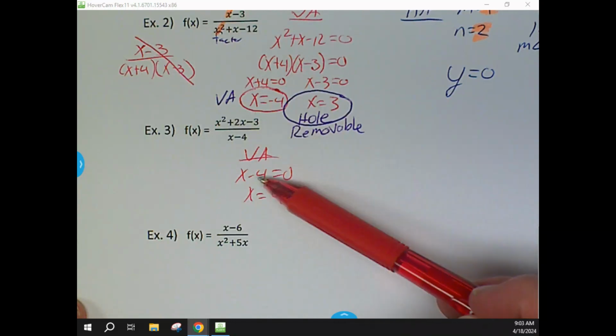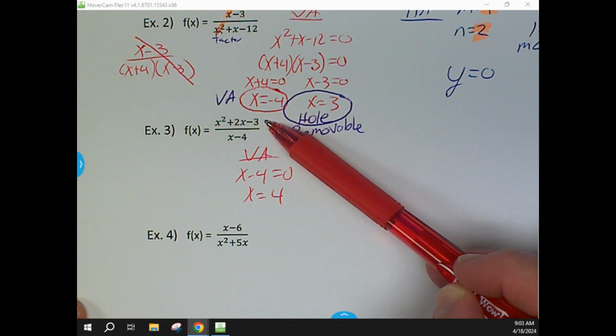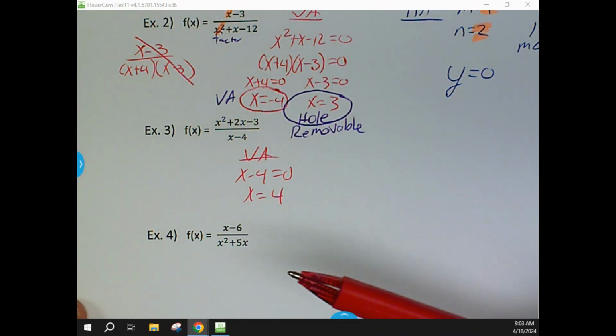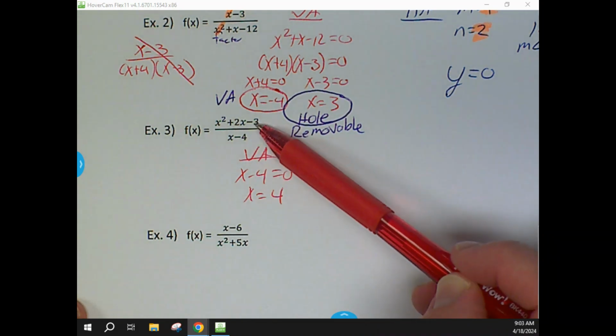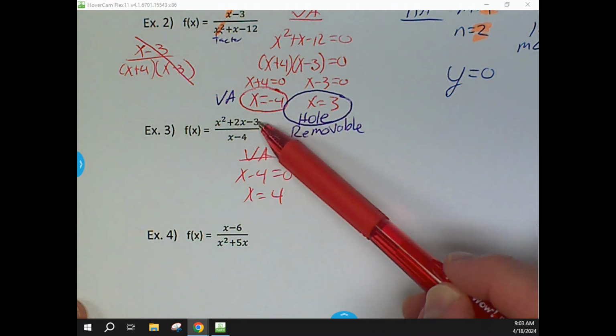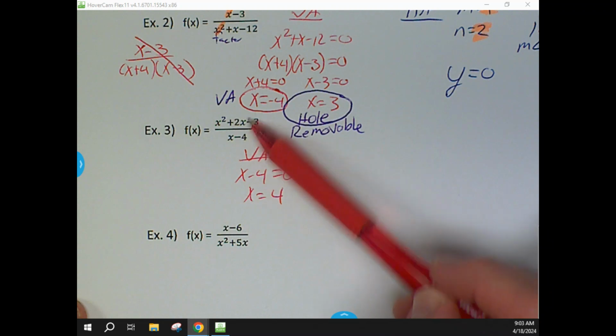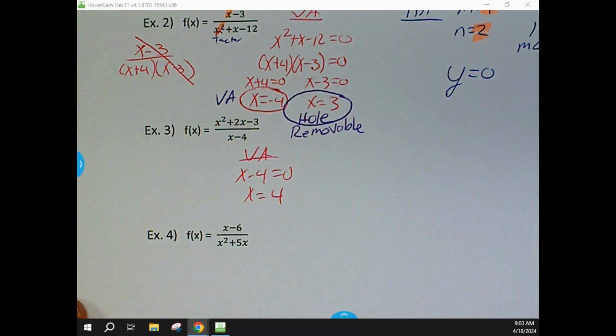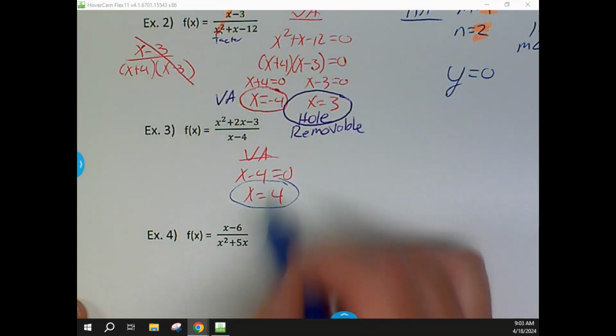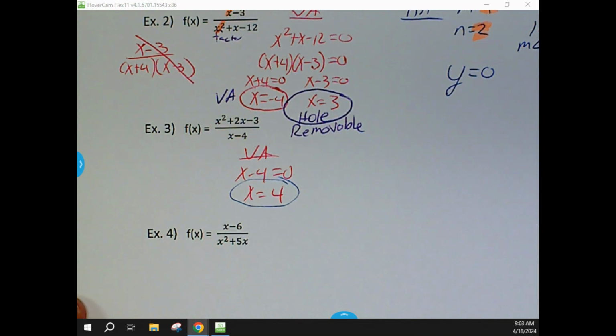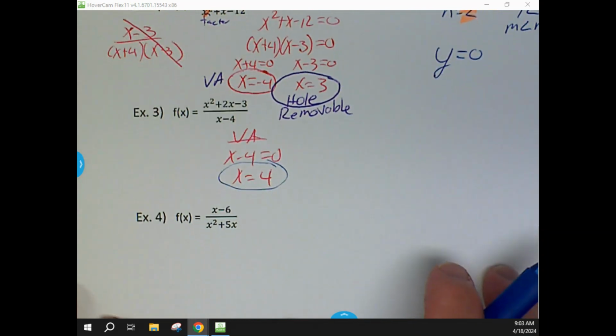Is there any way we're going to get x minus 4 out of the top part? The last number being 3, the only factors of 3 are 1 and 3. There's no way we're going to get anything that's going to cancel. So that's just our vertical asymptote. No holes, nothing removable.